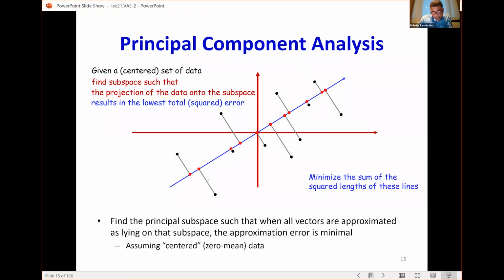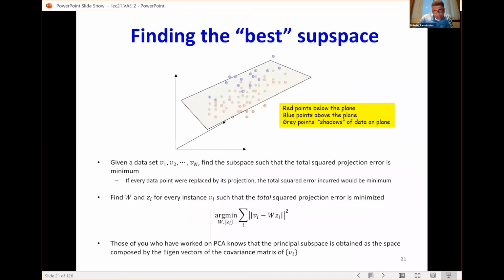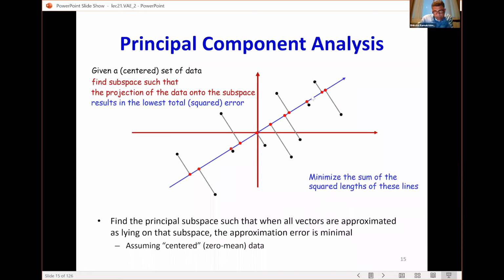So we want to find a line like this blue one in this example, such that when you project every data point perpendicularly onto the line, the squared projection error, which is the squared length of all of these black lines, is minimized. And so the problem of principal component analysis was finding the subspace.